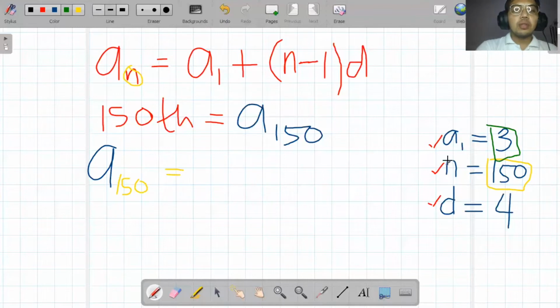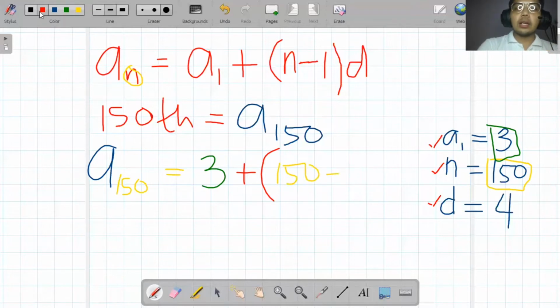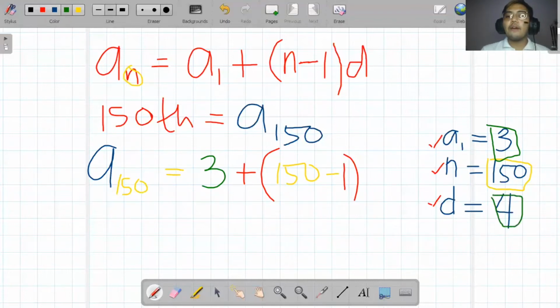So substitute that 3, and then plus n minus 1. N again is 150, so 150 minus 1, times your common difference, which here is 4. So times 4.